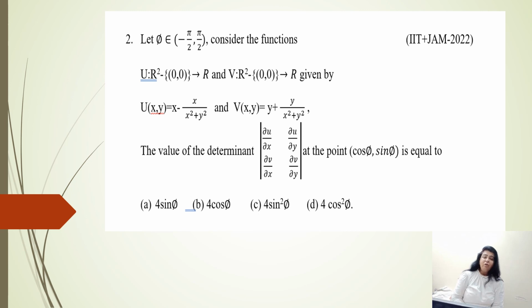Now the value of the determinant you have to find at the point cos phi, sin phi, which is equal to 4 sin phi, 4 cos phi, 4 sin square phi and 4 cos square phi. So we have to find these values, right?